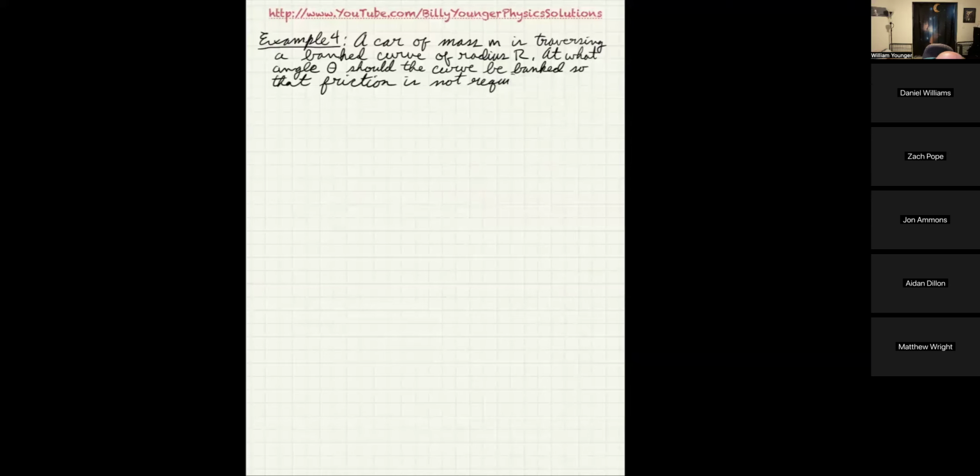Okay, so we're going to bank it at an angle where we know that it'll make the turn just as if it's going the speed v. What angle theta should the curve be banked so that the friction is not required at a velocity v?